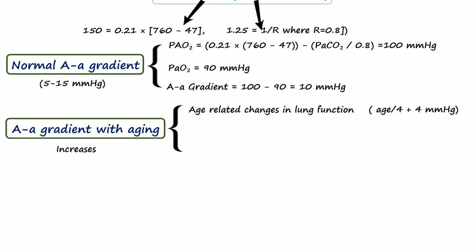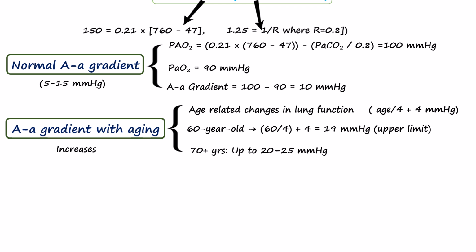A more precise age-adjusted formula suggests the upper limit of normal should be less than age divided by 4 mm of mercury. For example, a 60-year-old would have an upper limit of approximately 14 mm of mercury. In older adults, the gradient may be slightly elevated, with values up to 20 to 25 mm of mercury sometimes being considered acceptable.